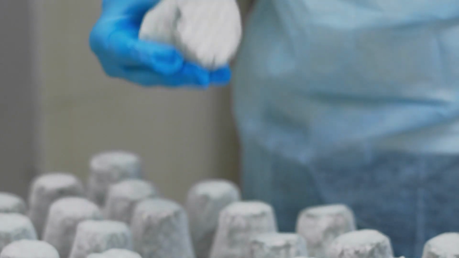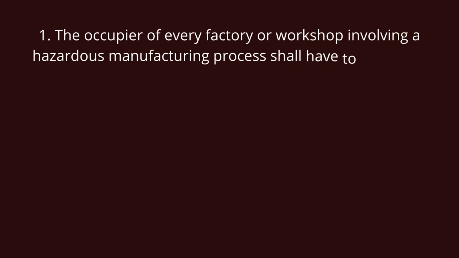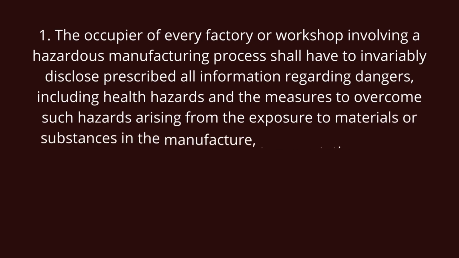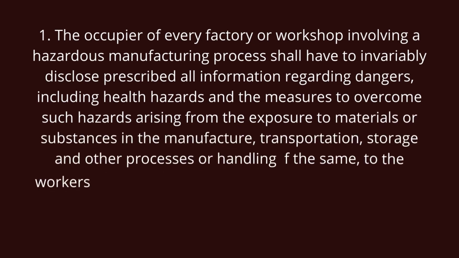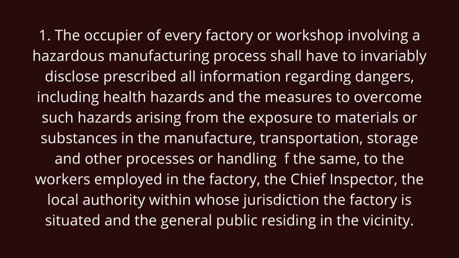1. The occupier of every factory or workshop involving a hazardous manufacturing process shall have to invariably disclose all prescribed information regarding the dangers, especially including the health hazards and the measures to overcome such hazards arising from the exposure to materials or substances in the manufacture.